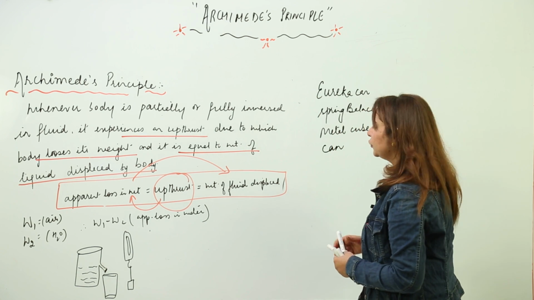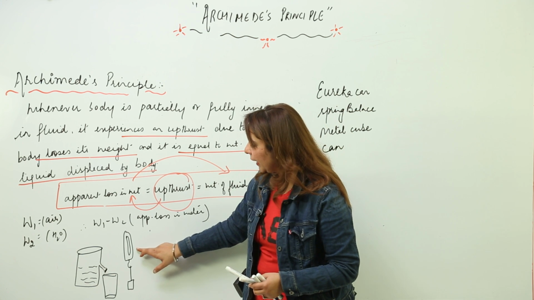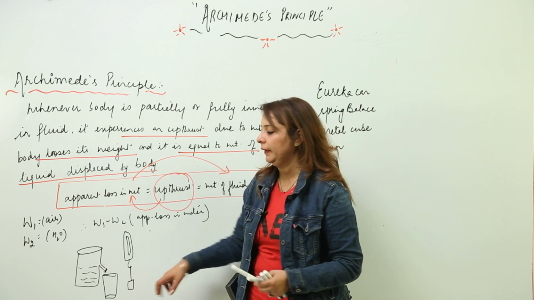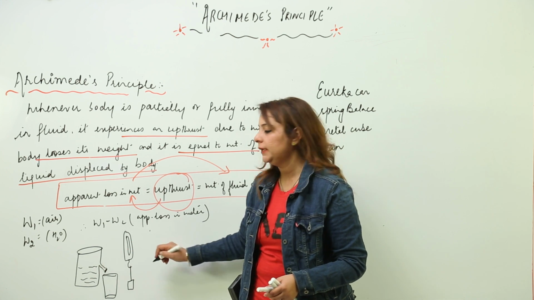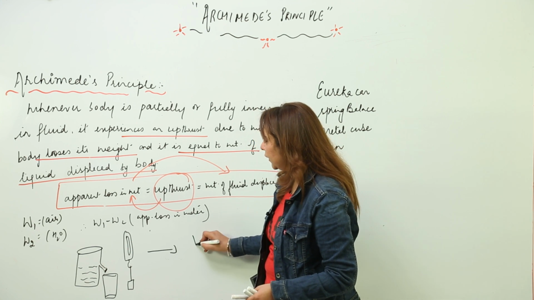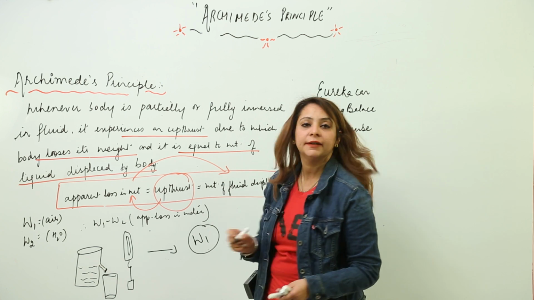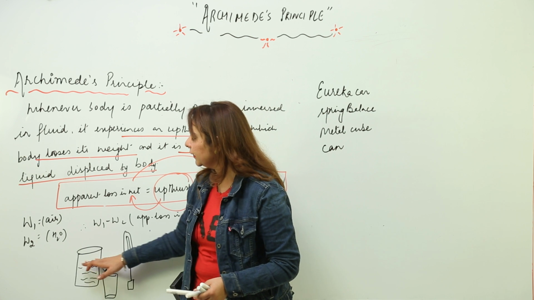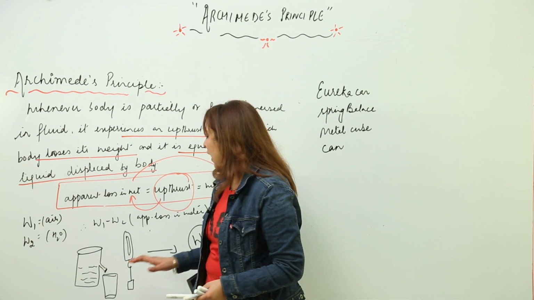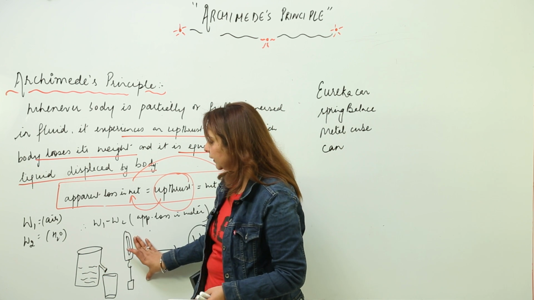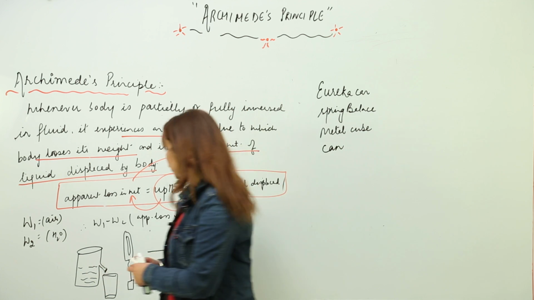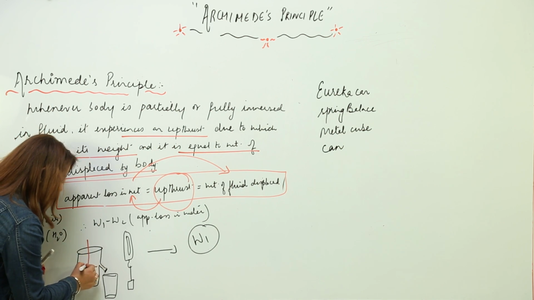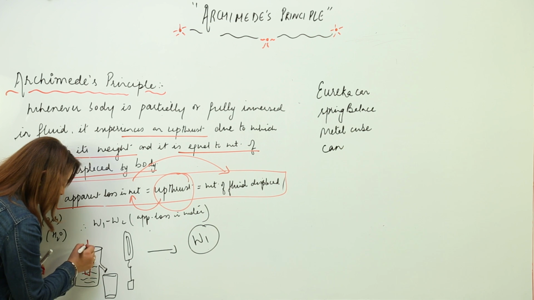So what we do initially, we just take a spring balance with the hook. The metal block is suspended and we record its weight in air. Let's say its weight is W1. Now I fill the Eureka can, as you can see, and I am going to lower the metal block into the Eureka can.